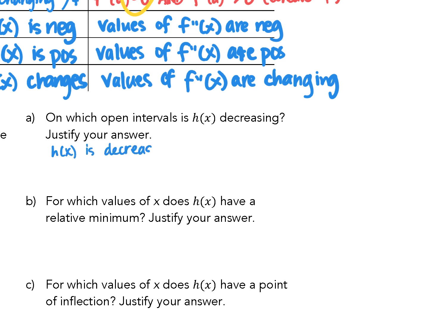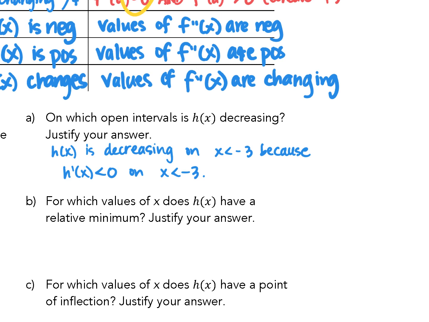Now say where it's decreasing. So on the open interval, x less than -3, because, and now in a concise way, reference what the derivative is doing, because h prime of x is less than 0 on that same interval, period. Okay, it's not fancy, it's concise, it covers everything we need to do.